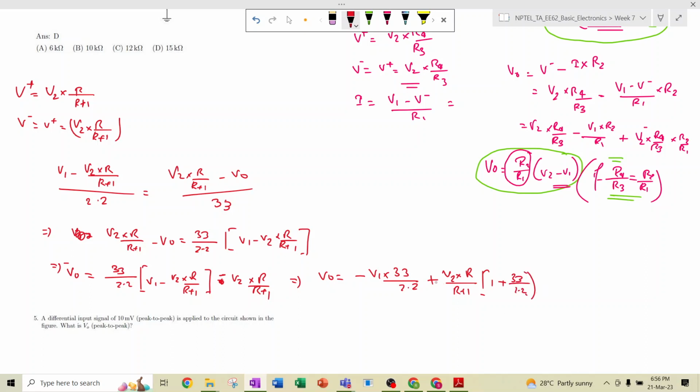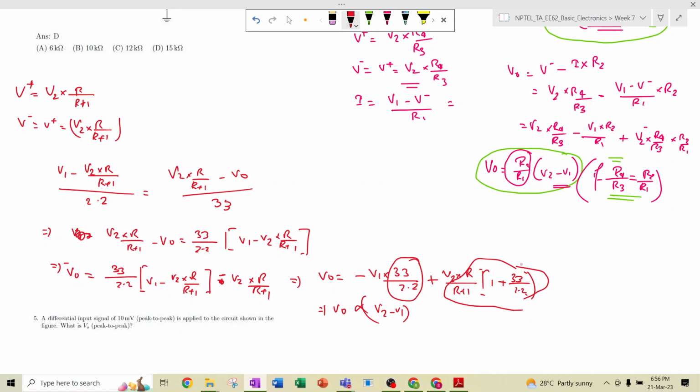So that means VO will be proportional to V2 minus V1 if this coefficient is equal to this coefficient.